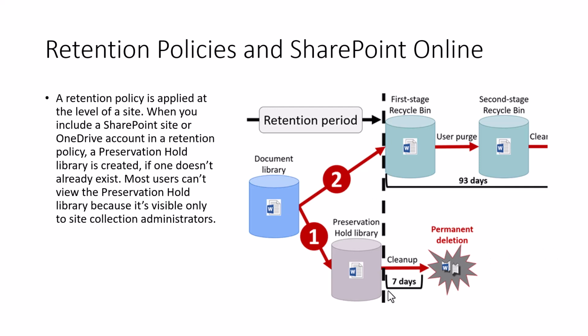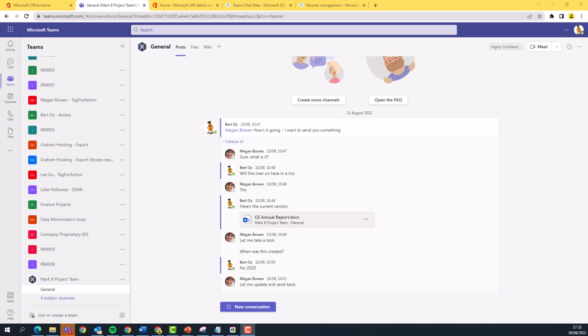A SharePoint site admin can see the preservation hold library, but they can't make any changes to content there. They can't delete it, for example. They could restore it if you wanted to, but normal users don't have permissions to do anything with that preservation hold library. They can't even get into it, right?